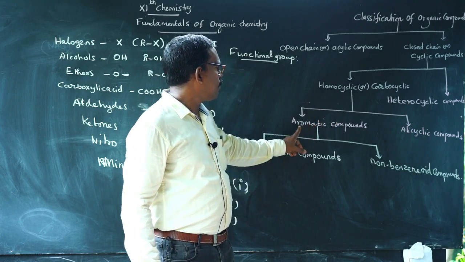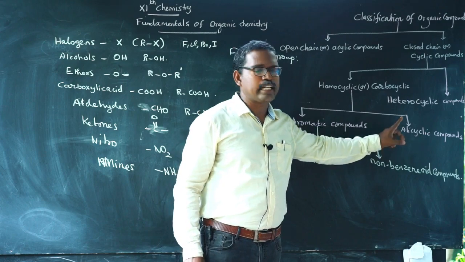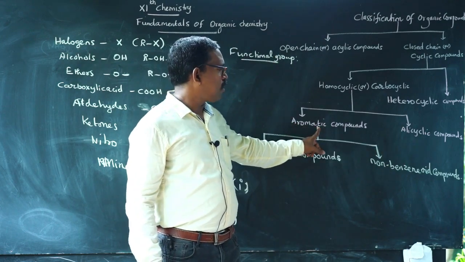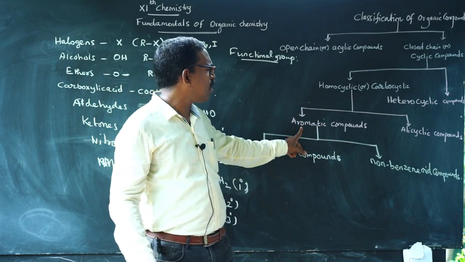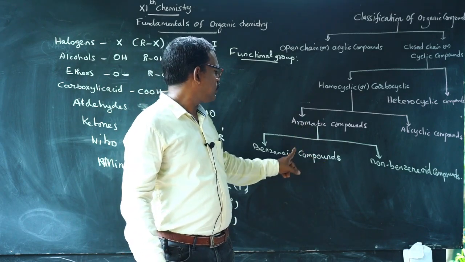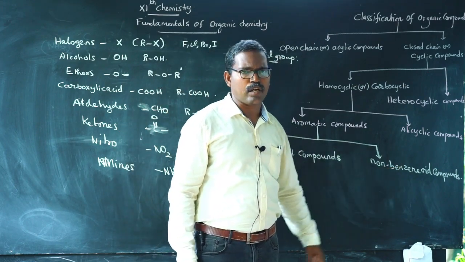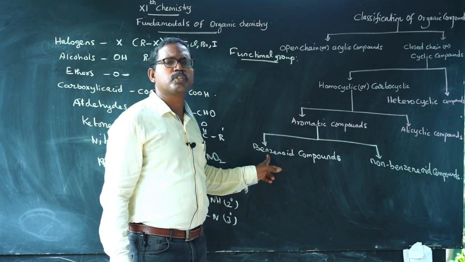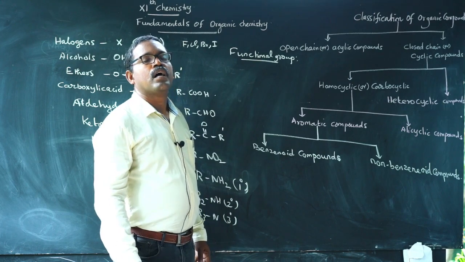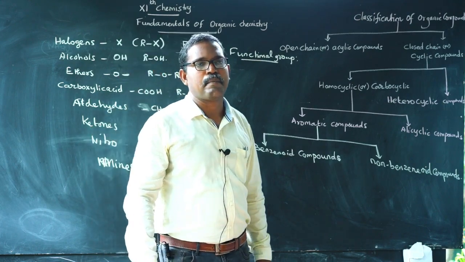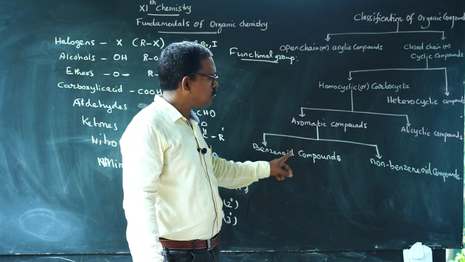The homocyclic compounds are further classified into two types: aromatic compounds and alicyclic compounds. Aromatic compounds consist of a benzene ring. They are further classified into benzenoid and non-benzenoid compounds. Benzenoid compounds have a benzene ring, such as benzene, naphthalene and anthracene.